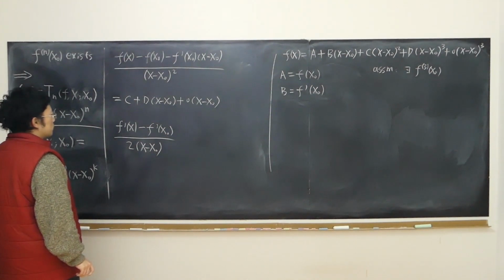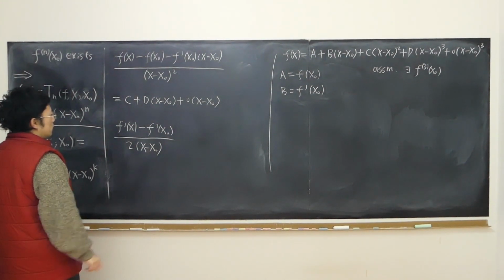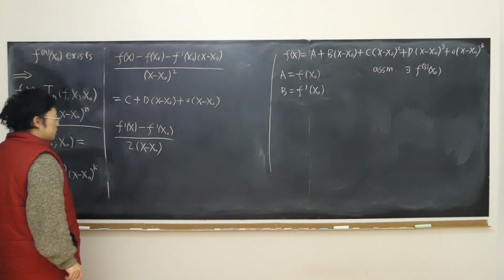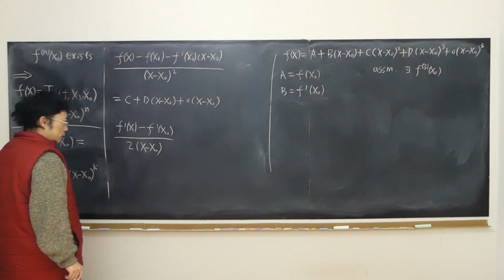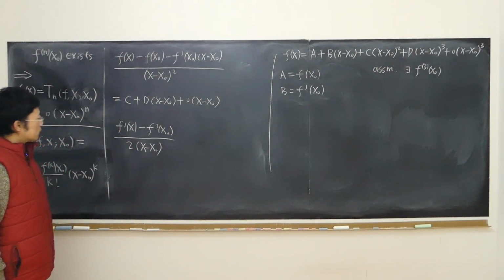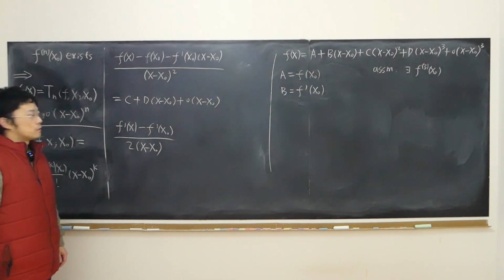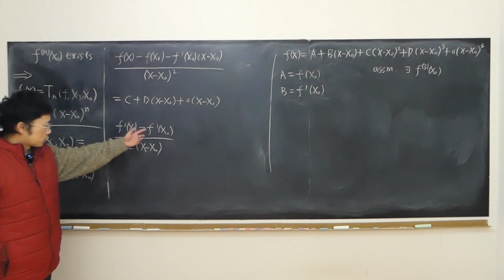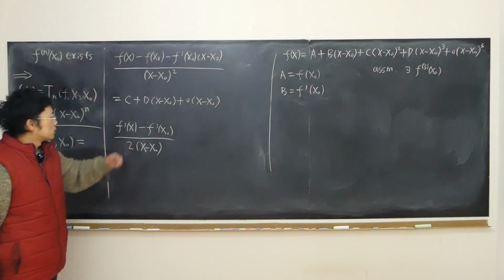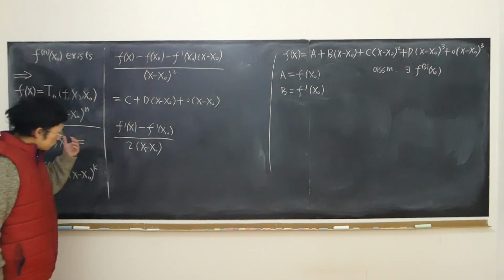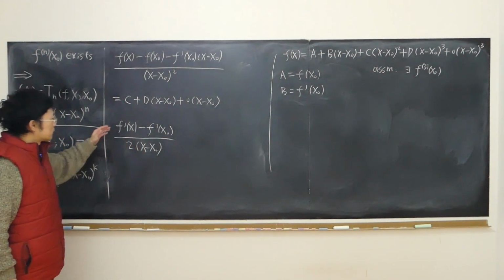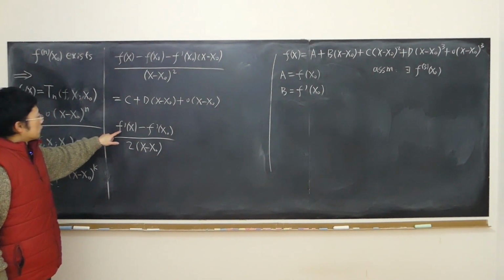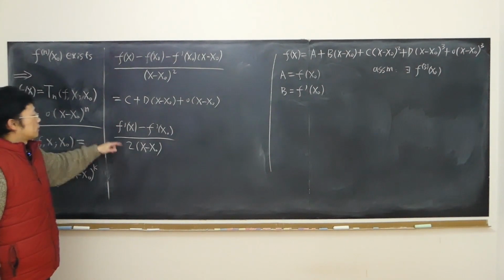So what's the pattern here? We have f dash of x minus f dash of x naught. We can treat f dash of x as another function, a derivative function, also a function. So a function minus the functional value at x naught, over twice x minus x naught. That's exactly the definition of the derivative of function f dash x at x naught.